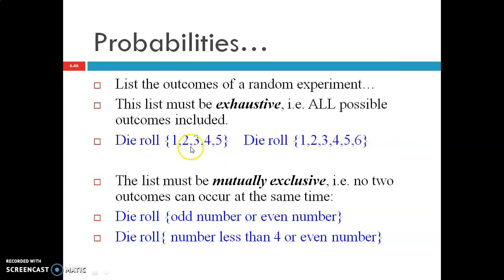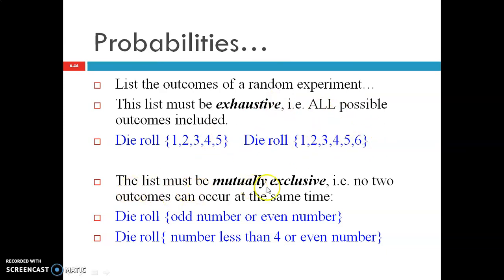In these two sets, the one with 1, 2, 3, 4, 5 does not contain all possible outcomes. Here you can see the die roll with the perfect outcomes, all possible outcomes are included. So you have to take this, that is exhaustive. The list must be exhaustive, that is, all possible outcomes should be included in the set of outcomes.